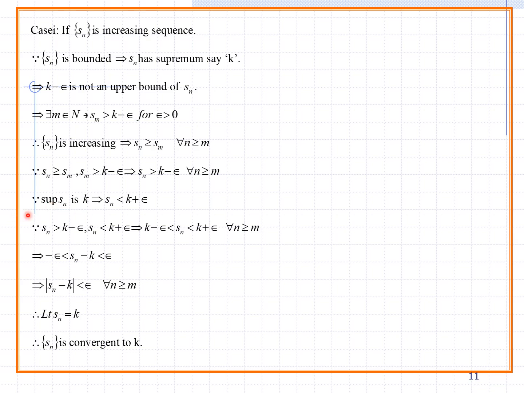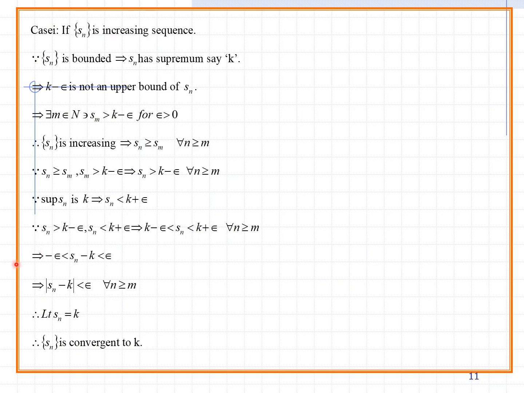Since the supremum of Sn is k, Sn is less than k plus epsilon. So k minus epsilon less than Sn less than k plus epsilon for all n greater than or equal to m.